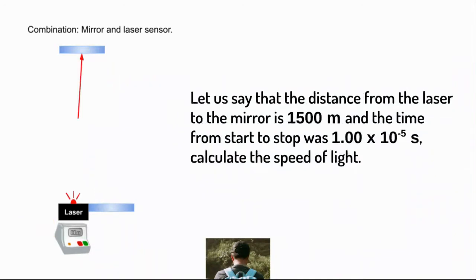We would need the distance from the laser to the mirror at the top. Let's say it's 1,500 meters, and the round trip time is 1.00 times 10 to the negative 5 seconds. Use that information, take a minute, and calculate an answer for the speed of the laser, which would be the speed of light.